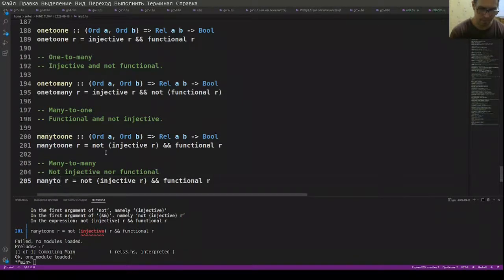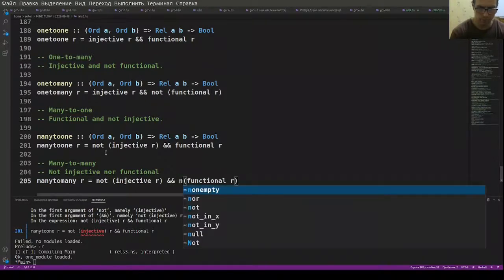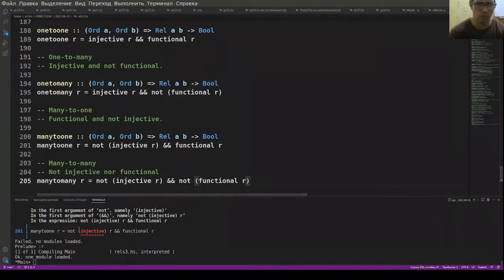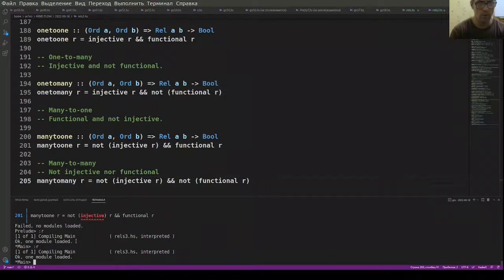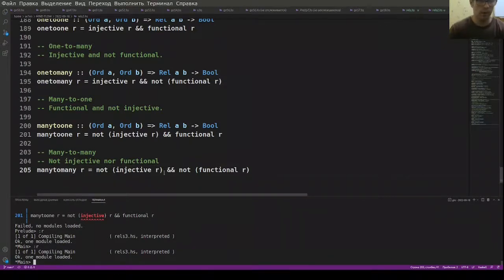Many-to-many. Not injective and not functional. Okay, I need to put a type signature.